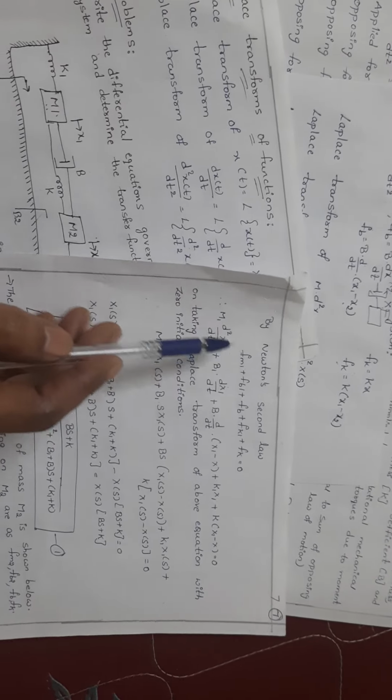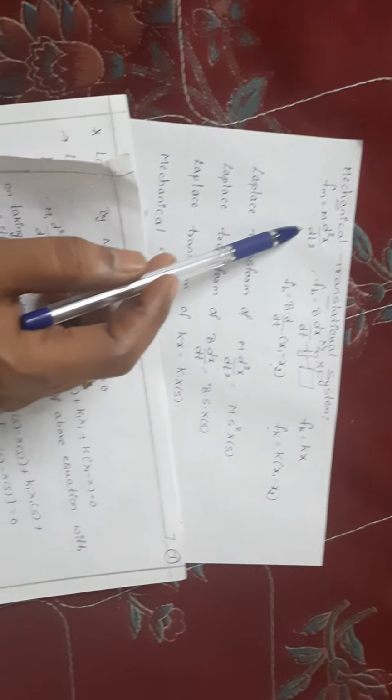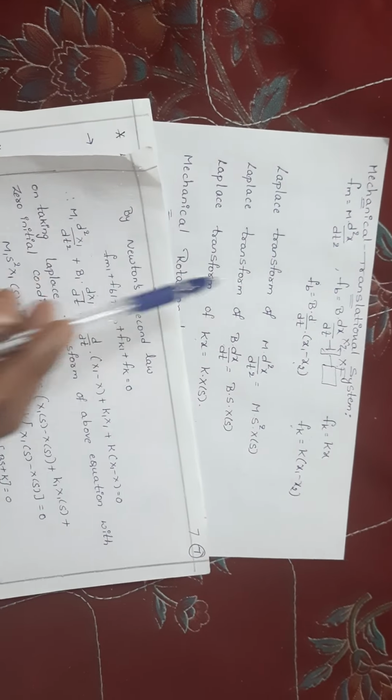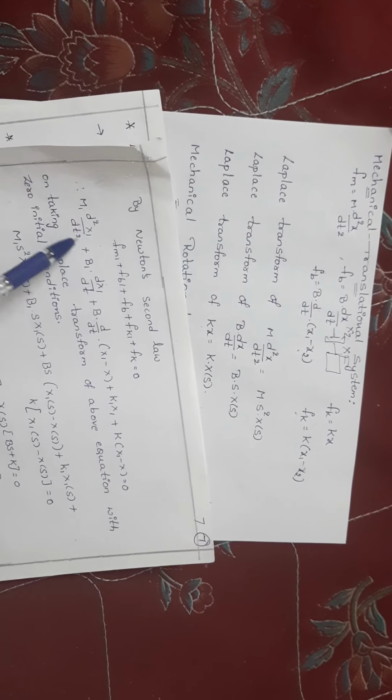So fm1 means m1 d square x1 by dt square. Here in the problem, the first displacement is x1. So in place of x, you should write x1.